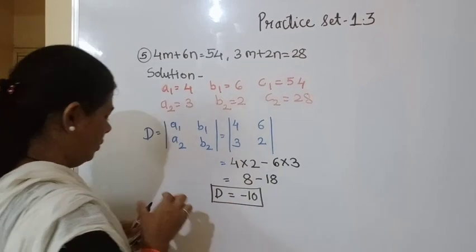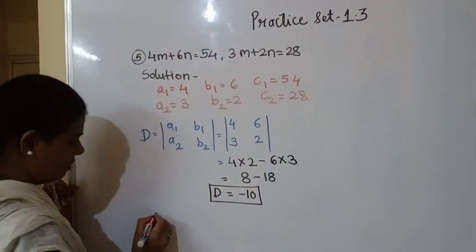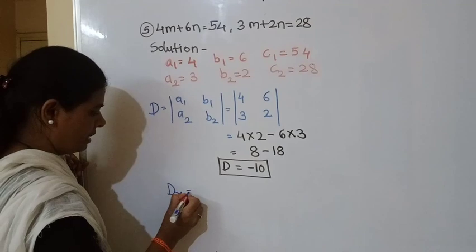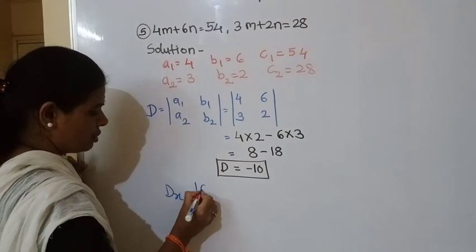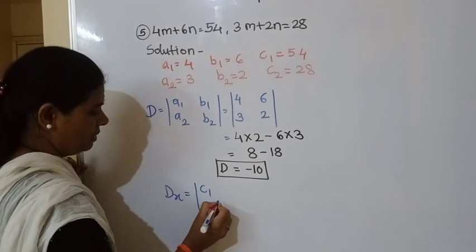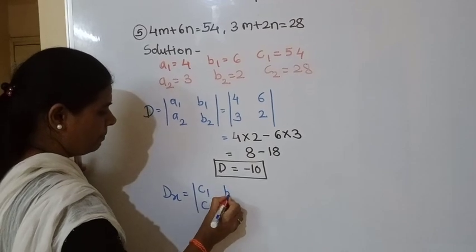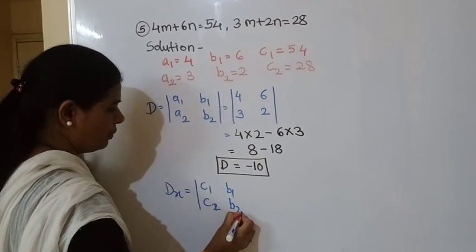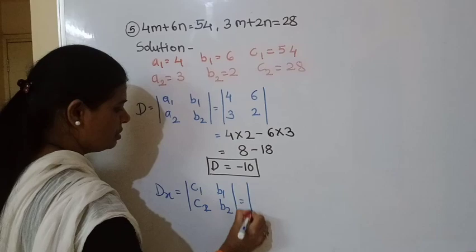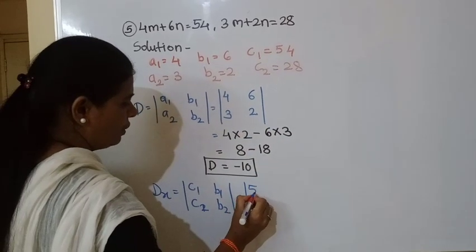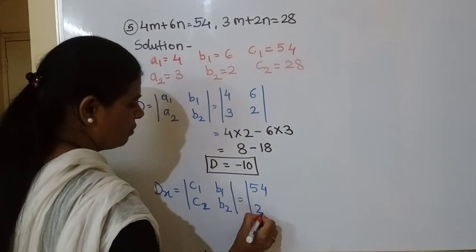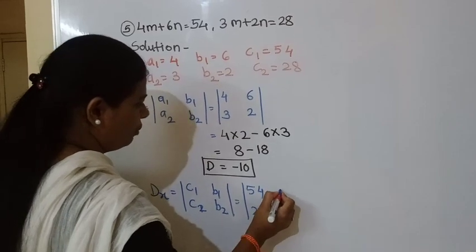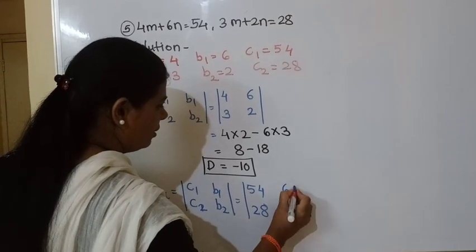Okay. Now what we'll do? We'll find dx. Our next step is to find dx. The formula is c1, c2 and b1, b2. Substitute the values. c1 is 54, c2 is 28, b1, b2 that is 6 and 2.